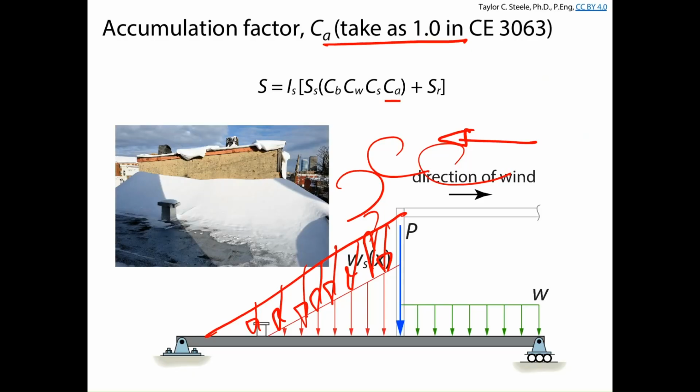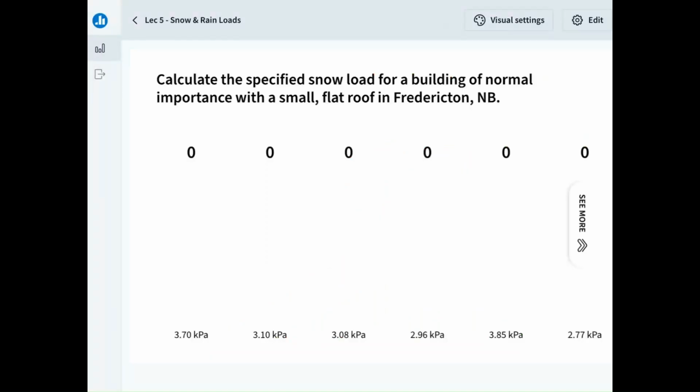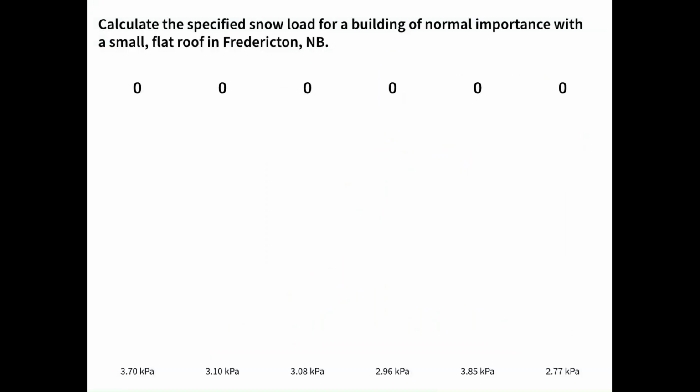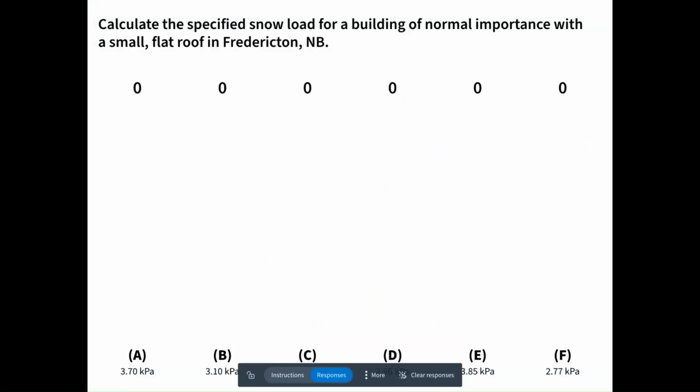Okay, so I'm going to get you all to do some work now then. What I want you to do, all the information is actually available in the slides to do this problem. I want you to calculate the specified snow load for a building of normal importance with a small flat roof in Fredericton, New Brunswick.